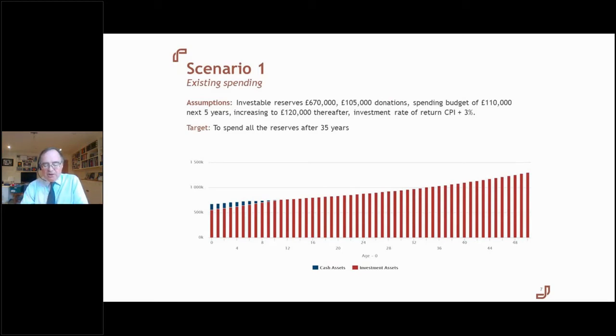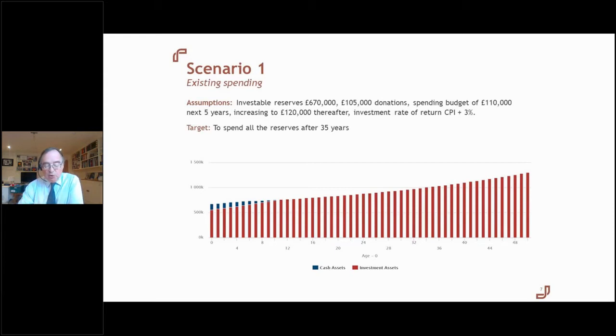One of the ways we help charities plan is to use scenario modeling software. In this example, we have a small charity with around £670,000 worth of funds, £105,000 of annual donations, presently planning to spend £110,000 per annum for the next 5 years, increasing thereafter to £120,000.